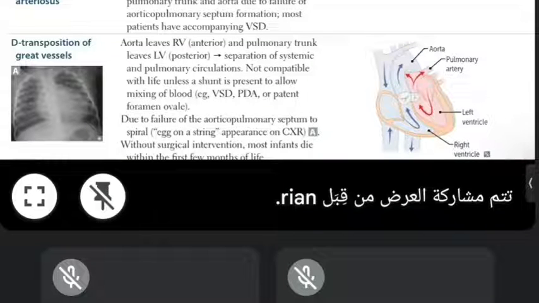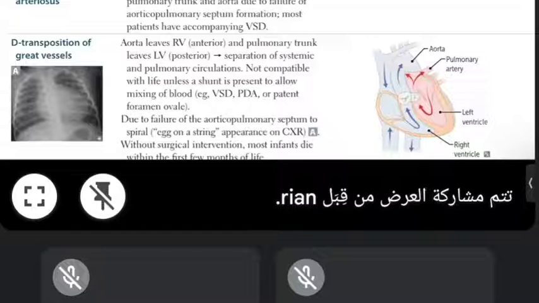So the disease symptoms will appear early in his life because it's a congenital disease. Now we are talking specifically about congenital heart disease. So heart disease that occurs prenatally or at birth, we call congenital heart disease.